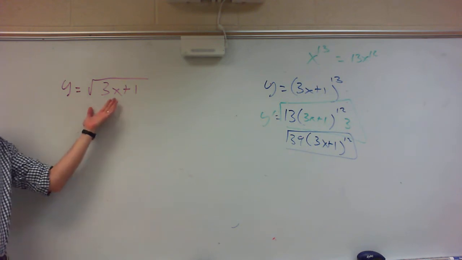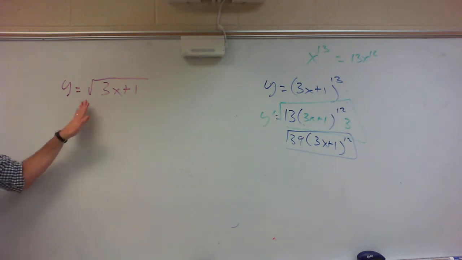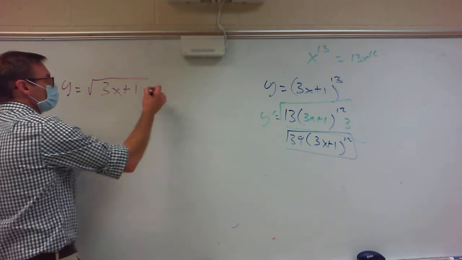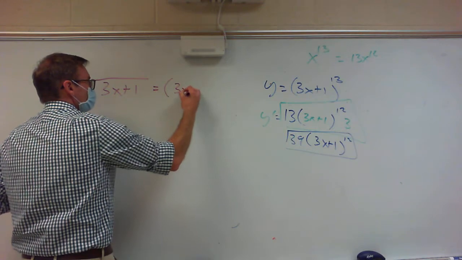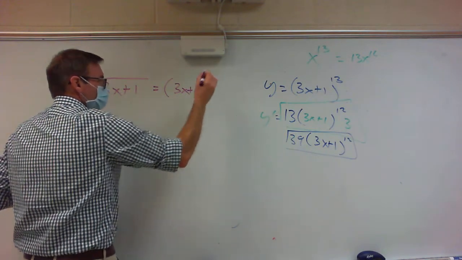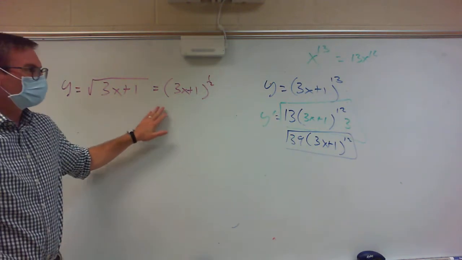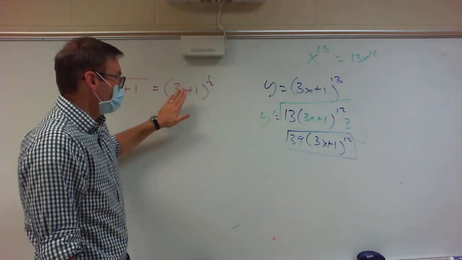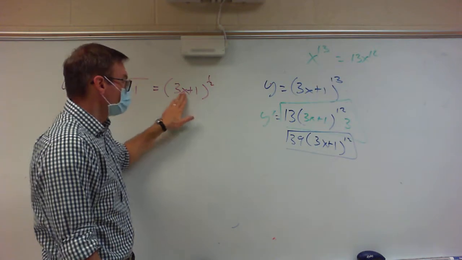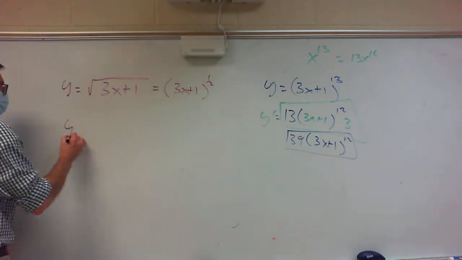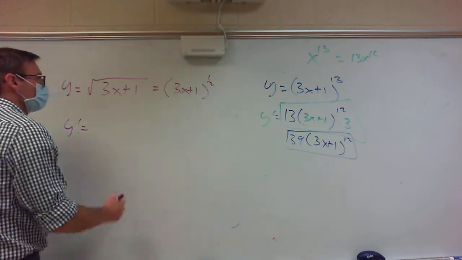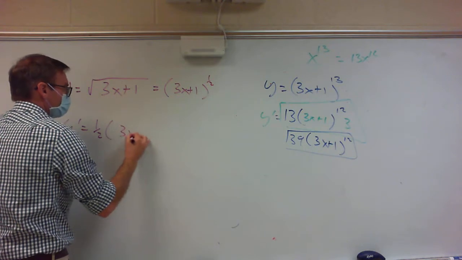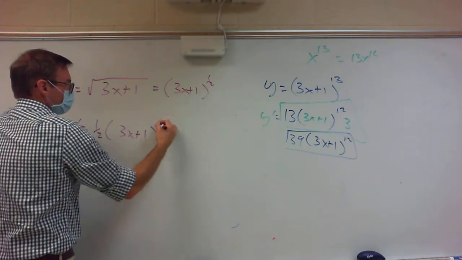Well, when I see this, my first instinct is I see square root of stuff. And since I see square root of stuff, that means I'm going to write this as 3x plus 1 to the 1/2. So now this looks very close to this, right? I have stuff to a power, and I like stuff to a power. And so my derivative of this is going to be, let's see, pull it down, that gives us 1/2 stuff, subtract 1 from that, I get a negative 1/2.